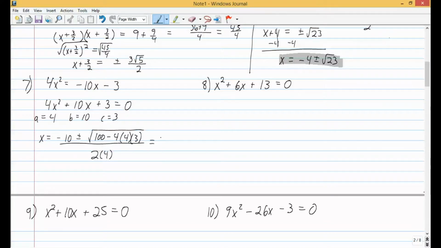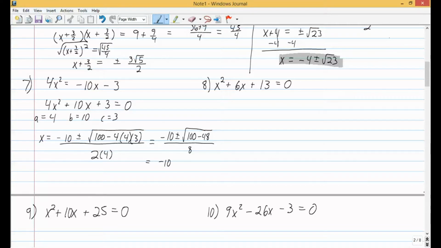So that's going to be -10 plus or minus the square root of 100. And now let's see what this number is. 4 times 4, that's a negative 4 times 4 is negative 16. Negative 16 times 3 is negative 48. That's all over 8.